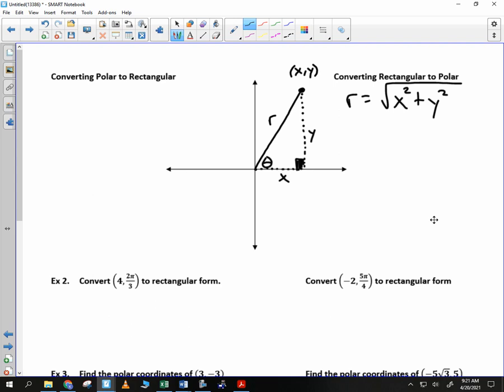Can somebody give me a trigonometric equation that relates x, y, and theta? Starts with t, rhymes with angent. Tangent of theta equals y over x. Right? Just like tangent of theta is b over a. We're just switching up the letters.